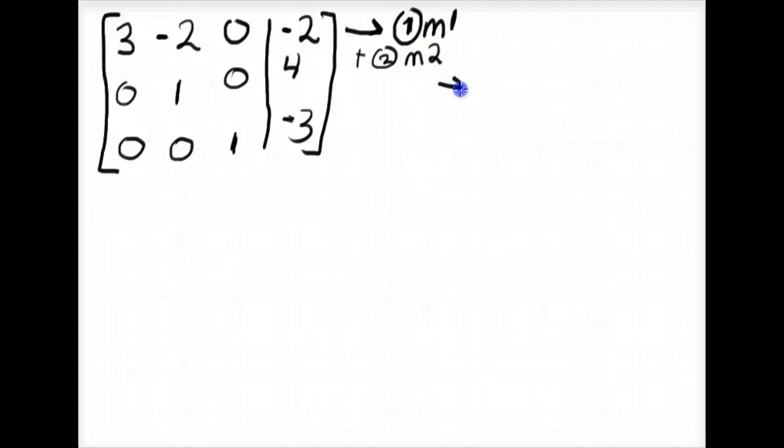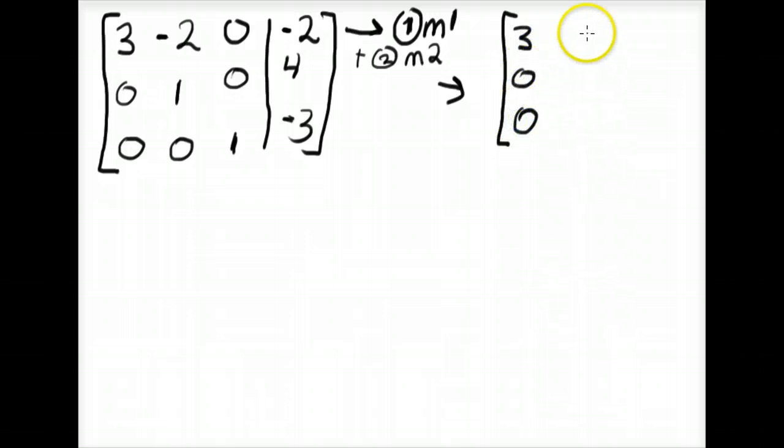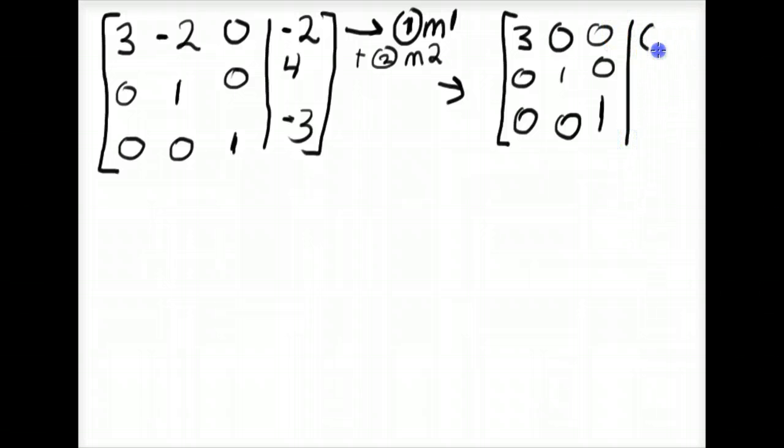And so that is going to get us the following matrix. 3 and then 0, these are going to stay the same. Then 0, because we've now eliminated the -2. So now 0, 1, 0, then 0, 0, 1, and then the constants, which now are 6, 4, -3.